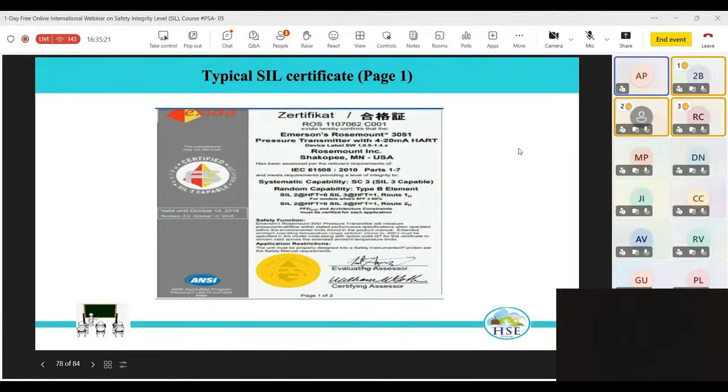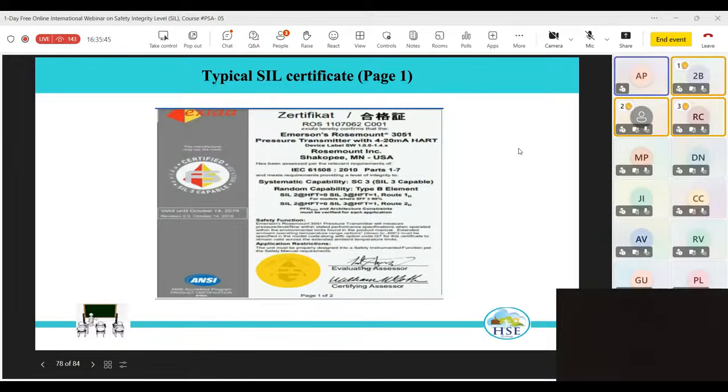There are actually three documents in this certification business. One is the certificate, which is the final product. Before that, the company, like Rosemount here or Emerson, has submitted this product to Exida for certification. So Rosemount has to publish a safety manual and give it to Exida.